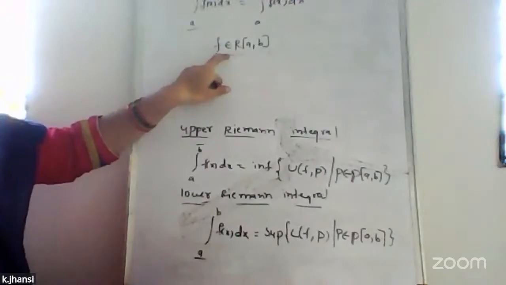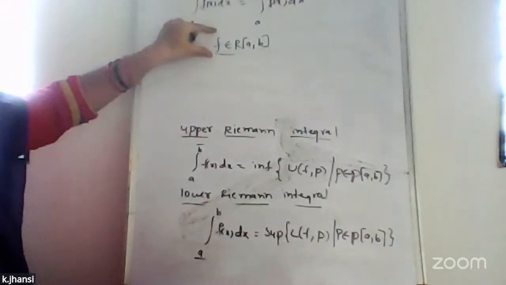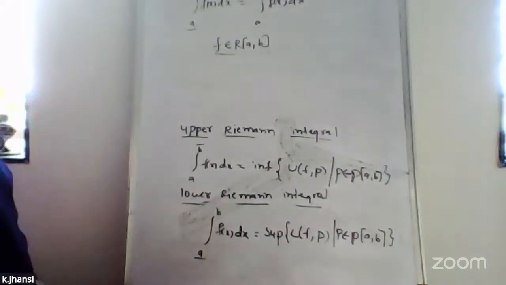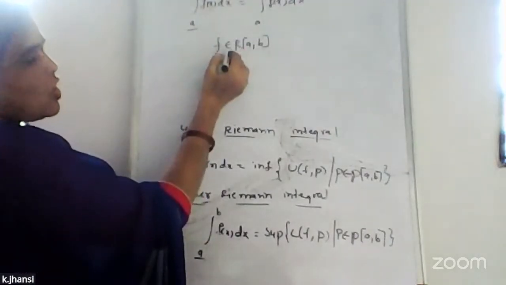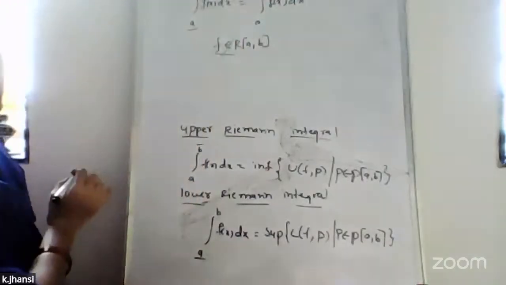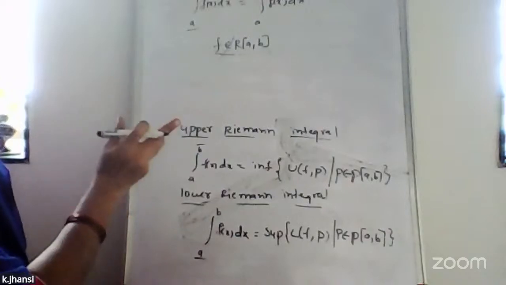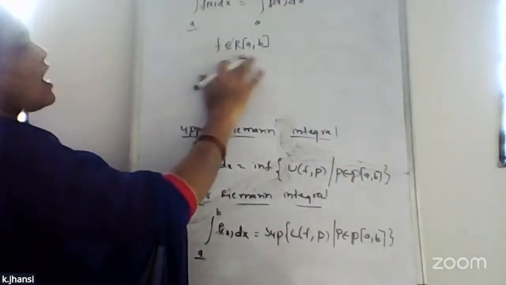This f belongs to R of a comma b is the representation that a function is Riemann integrable. Here the belongs to symbol is there; if we have it with a not-equals slash, it means the function is not Riemann integrable. If you see the textbook, you will have these symbols.